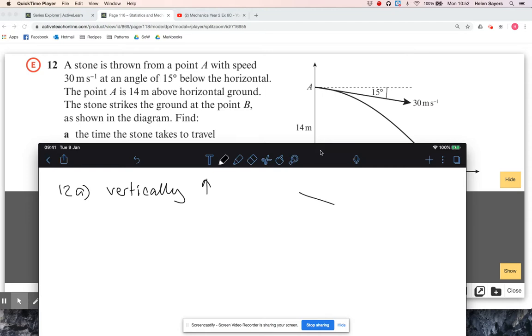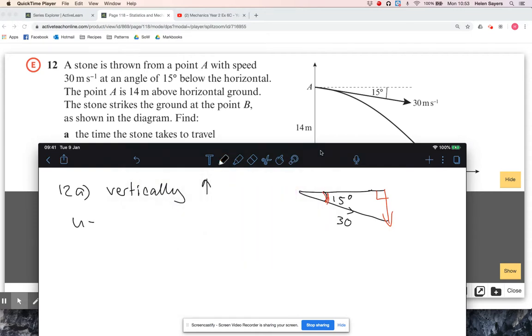It's starting with a speed of 30 meters per second at an angle of 15 degrees. I'm looking vertically, so I want that component, which is opposite the 15-degree angle.